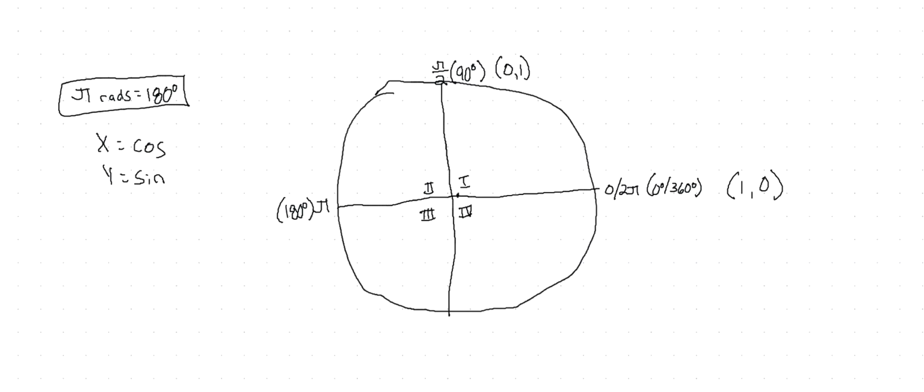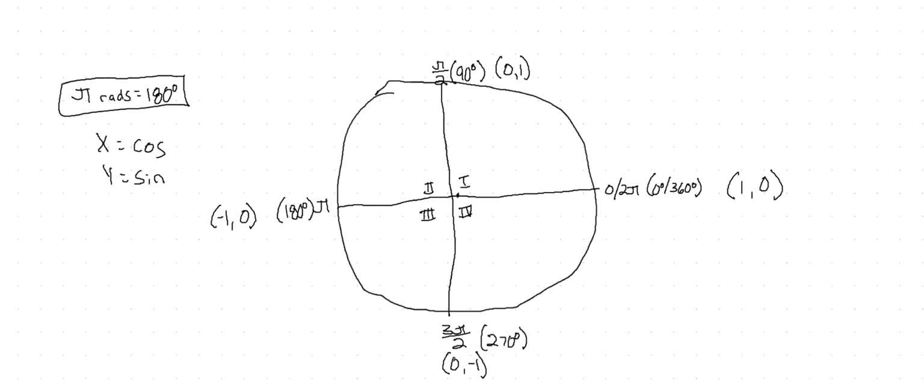Now our x is -1 and our y is again 0. Last but not least, on these major points, we have 3 pi over 2, also known as 270 degrees. And this is point 0, -1.